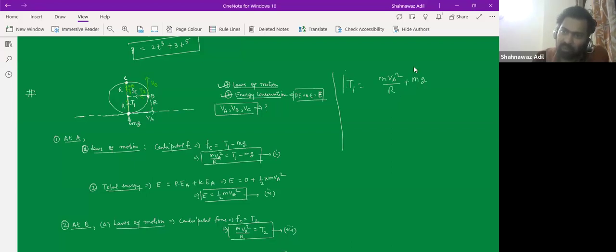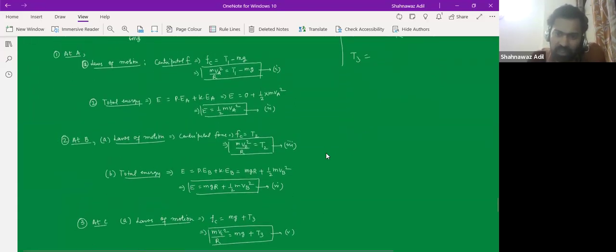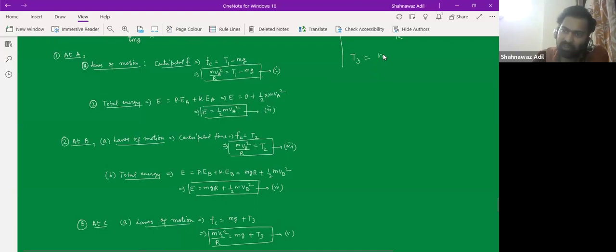What was T2? T2 was simply mVB square by R. What was T3? T3 was mVC square by R minus mg, right?